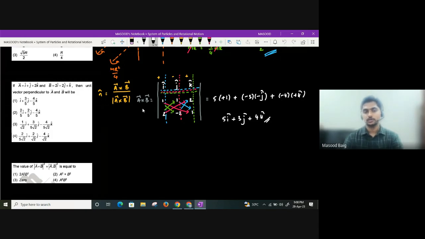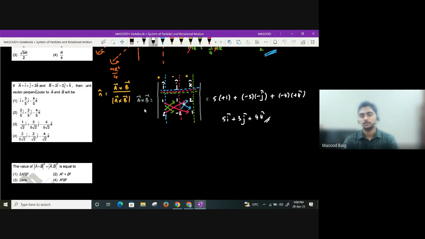So how do we perform cross product of vectors again, right? If vectors are represented in space, they are going to have three perpendicular components, guys. So I'm going to perform cross product in such manner. If I want to find the x component, I'll block the column and the row in which i cap is present. Whatever elements are left out, I'll do crisscross.